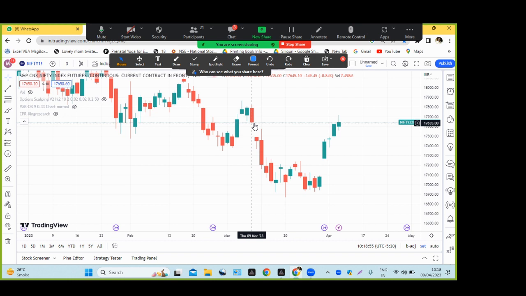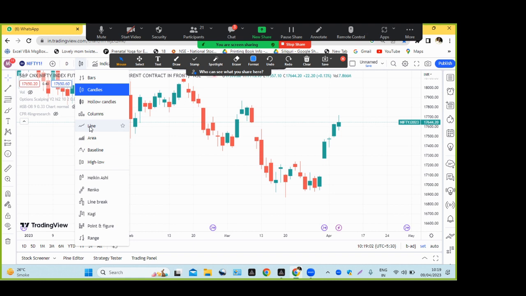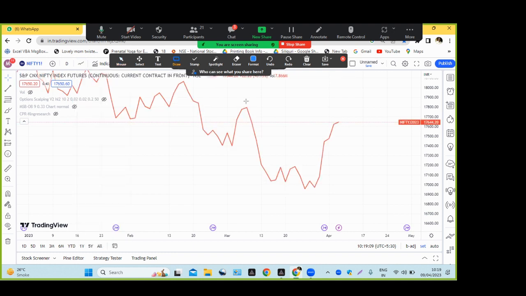Now let me convert this into a line chart. Somewhere here, we are at this place, and these candles are still about to appear.